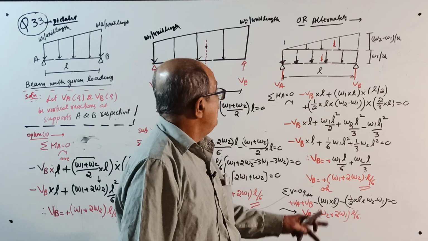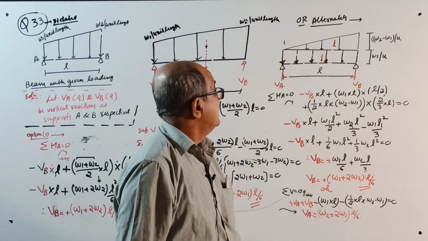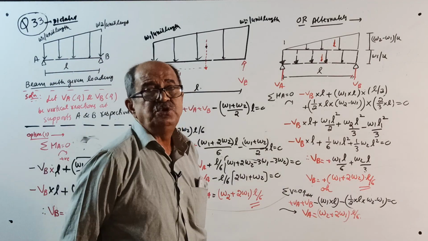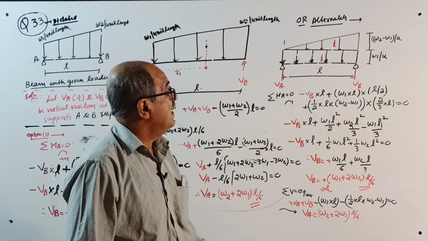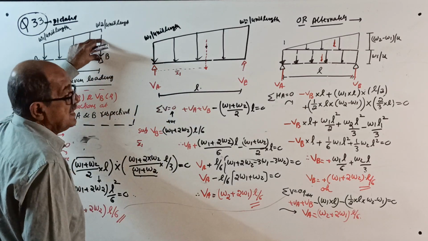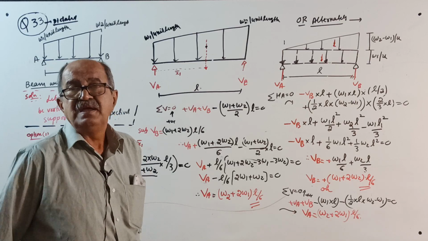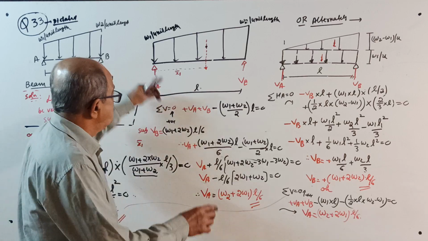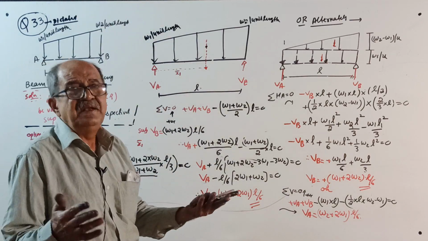Okay. Now I will put the final result. Remember, I will give one more question for you, 34, which you have to solve, where this is bigger and this is smaller. If you use the entire trapezium principle, it does not matter.